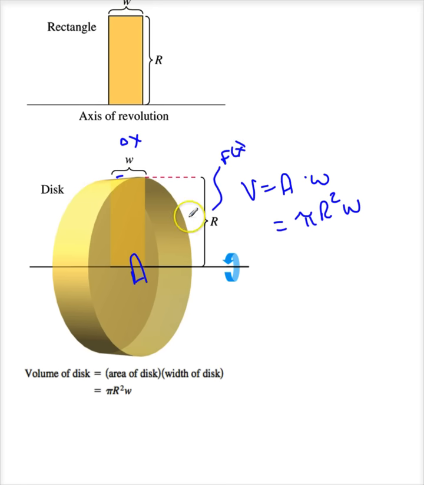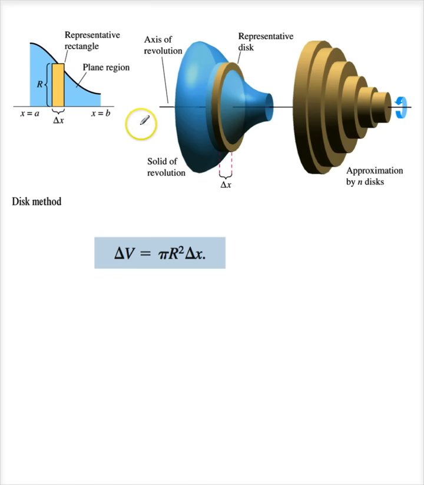Now you see, it didn't matter what my shape looked like, because what I'm going to do is find a differential volume, which is going to be pi r squared, where r is the distance from the axis of rotation to the top of the rectangle, or you can think of this as the height of the rectangle. R is our representative rectangle, and delta x is our thin little strip.